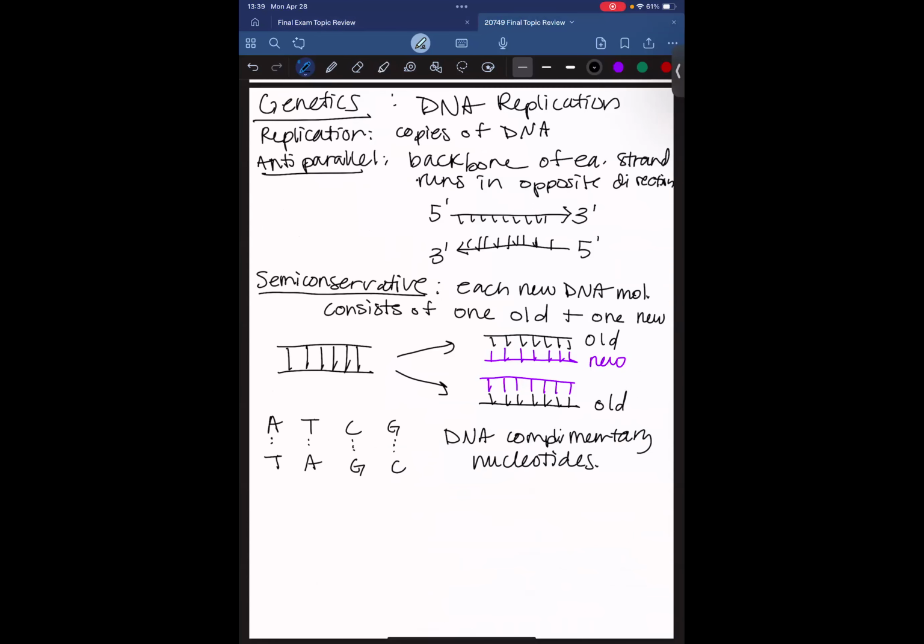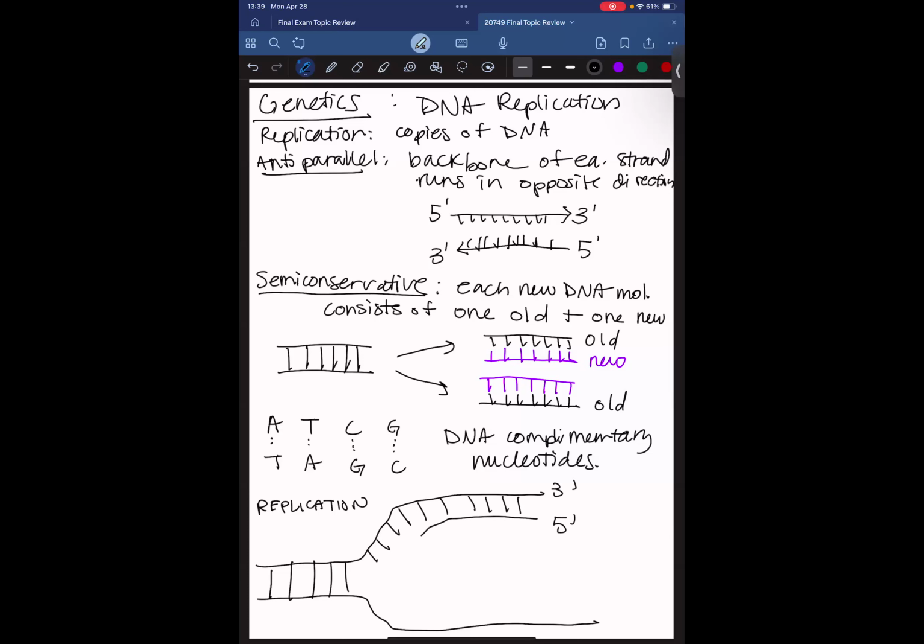So whenever we go through DNA replication, then this top strand that is continuous, what's that one called? This is the leading strand.